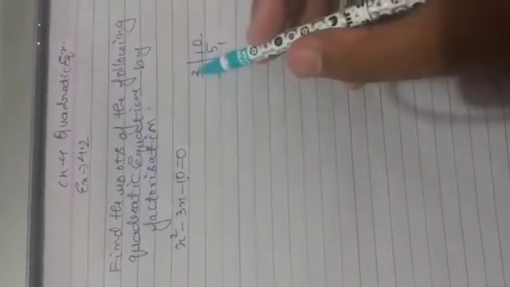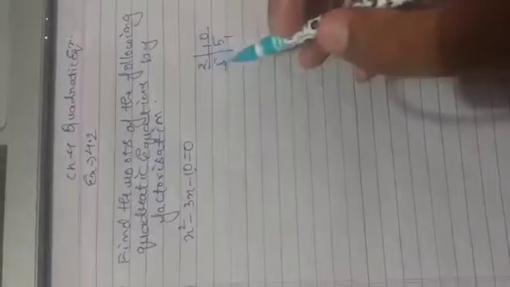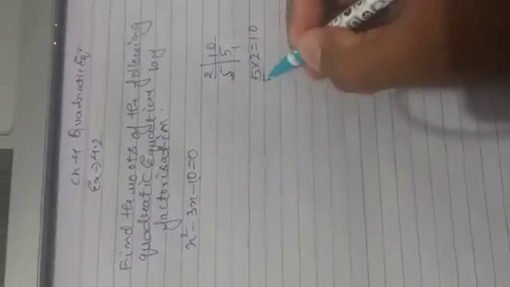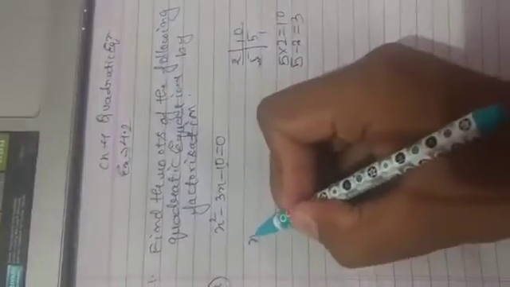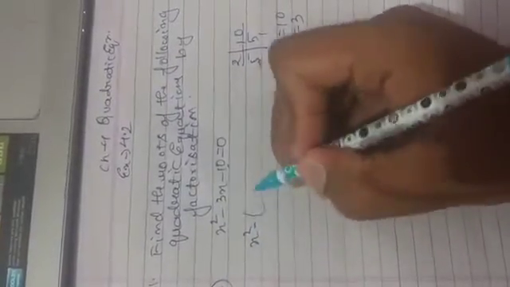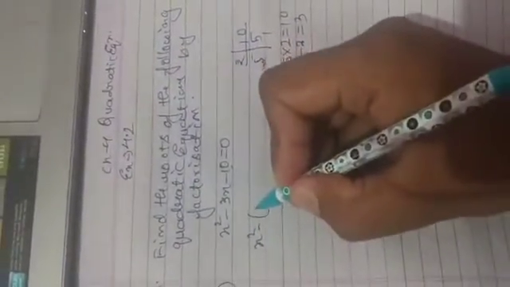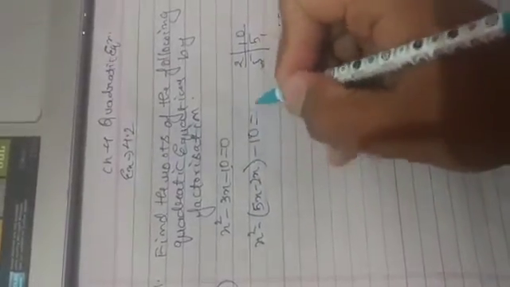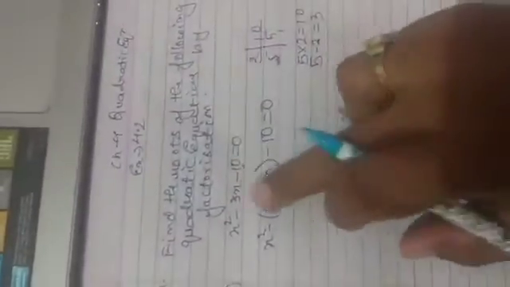We have to multiply these two numbers such that we get the sum or difference as 3. 5 into 2 is equal to 10 and 5 minus 2 is 3. So x square minus, in bracket, 5x minus 2x, minus 10 is equal to 0. This 3x we can write as 5x minus 2x.